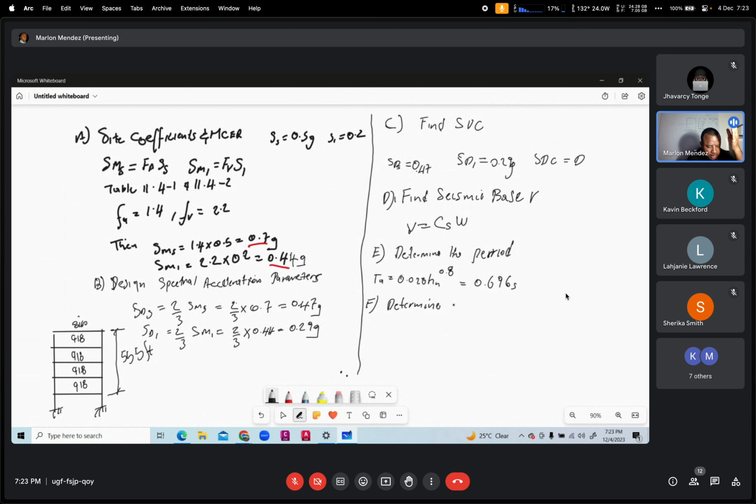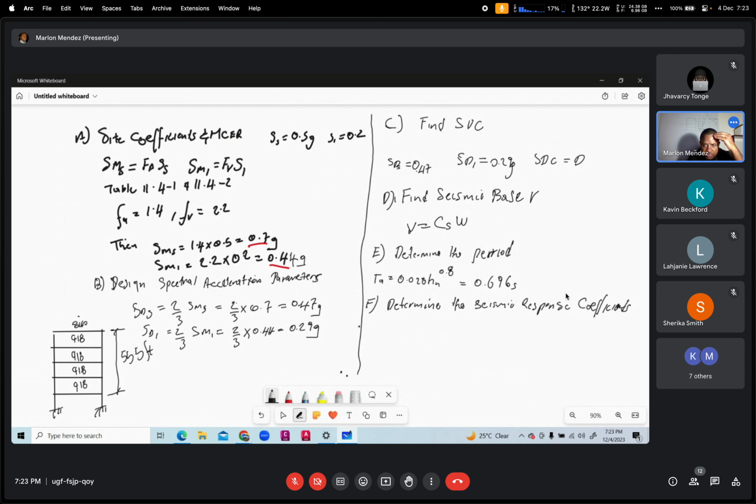The good thing is it's just a matter of using the table, that is what is important here, the coefficients.